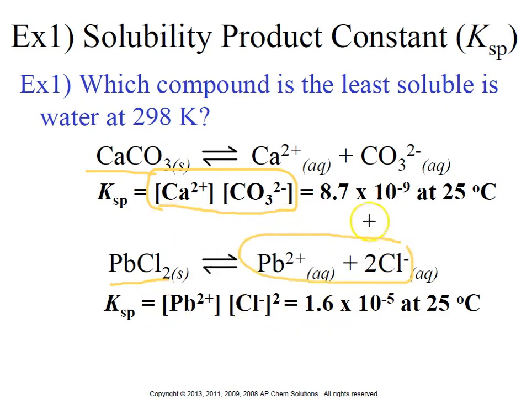The KSP for calcium carbonate is 10 to the negative 9th, which gives you an idea of the amount of products formed, while the lead chloride is 10 to the negative 5th, which also gives you an idea of the products. So which of these numbers is greater? This 1 times 10 to the negative 5th is greater than 1 times 10 to the negative 9th, so that would lead me to believe that lead chloride is more soluble than calcium carbonate.